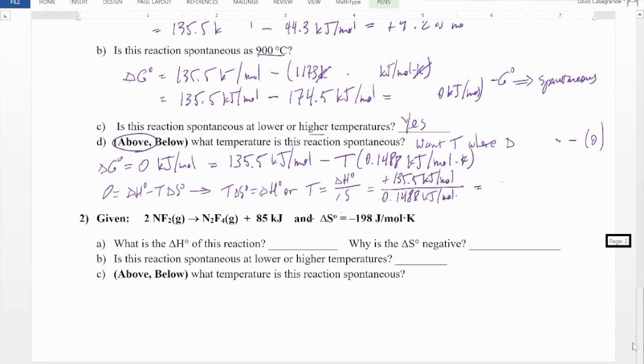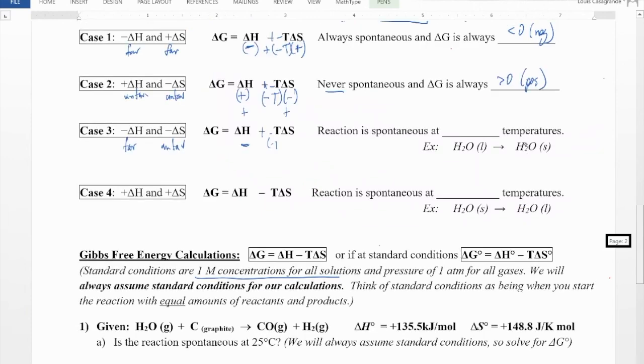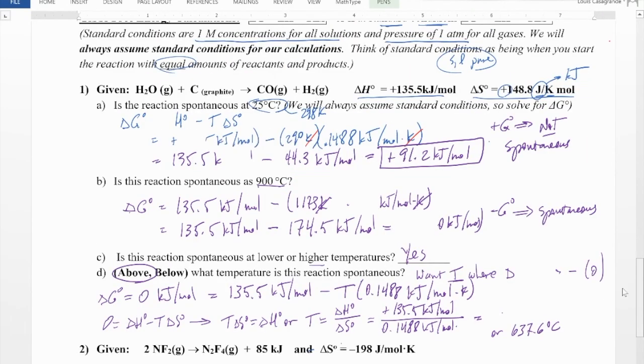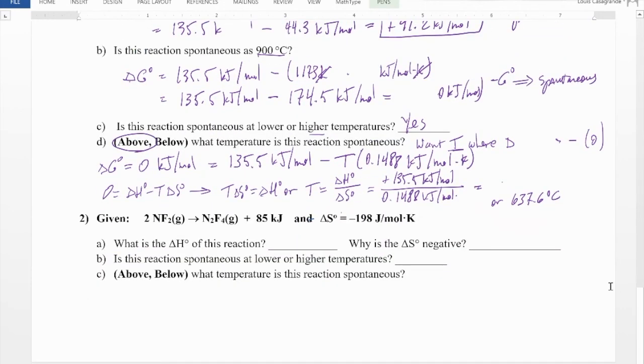Oh, the joys of Word. What happened to my temperature there? Come on. I just touched it lightly and it goes. I'm sorry about this, guys.